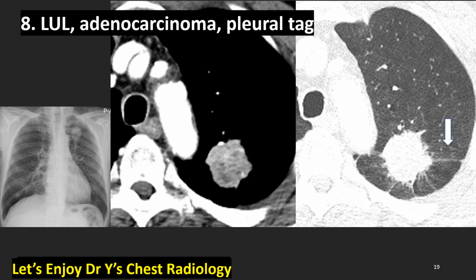Now we see the contrast enhancement of the tumor mass in the left upper lobe on the axial contrast enhanced CT, and the thin section lung window setting CT shows us many spiculations with some longer pleural tags suggesting pleural invasion, or the possibility of visceral pleural invasion.